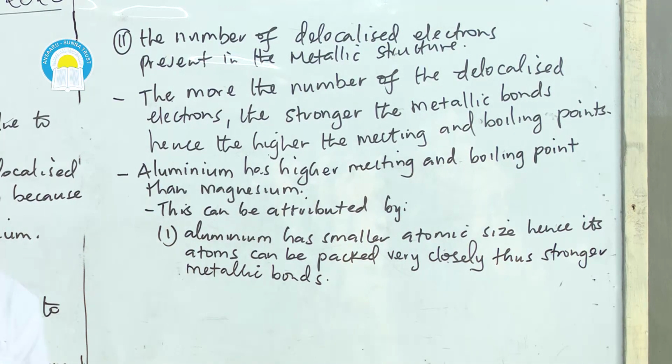So those stronger metallic bonds are what will increase its melting point.